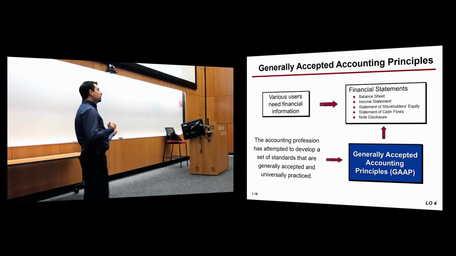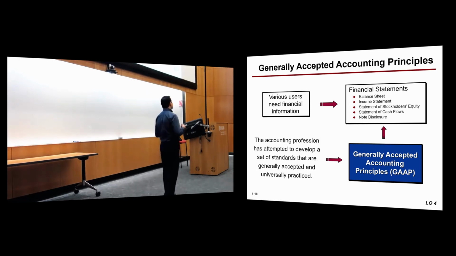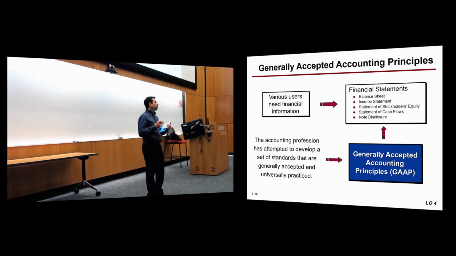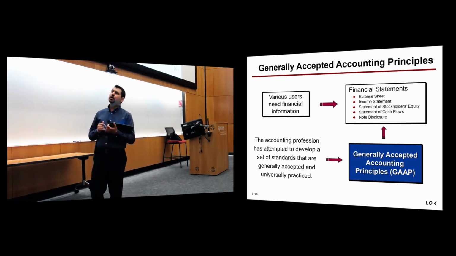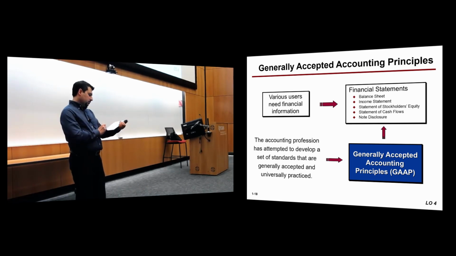So as a result, the accounting profession came up with what we call GAAP. US GAAP is Generally Accepted Accounting Principles, and those principles are basically the framework used to come up with more or less standardized financial reports, mostly financial statements.